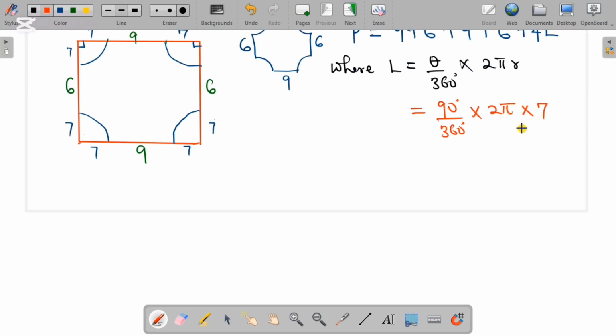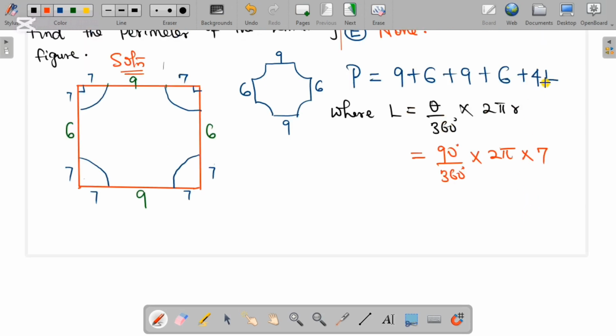What do we have now? It will be nice if we also bring in this 4 here, so that we are looking for 4L. So let's multiply everything by 4, and that will make our work much easier, because 90 will divide 360 to give us 4, and 4 will divide this 4. So it means that we just have 2 times 7, which is 14 pi.